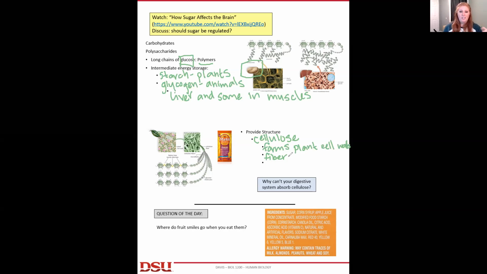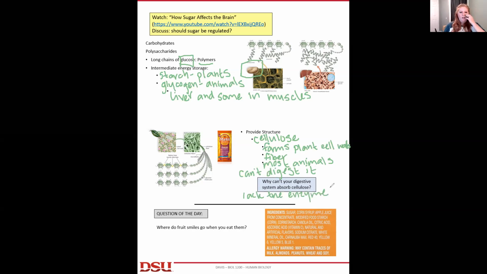Because it's the roughage, it doesn't get digested, and it kind of just scrapes all the crud off from the inside of your intestines to keep stuff from getting clogged. So again, most animals and humans cannot digest it. Why can't your digestive system absorb cellulose? Like I said, you lack the enzyme to break it down.